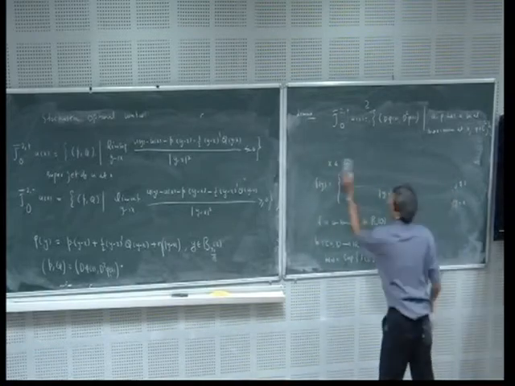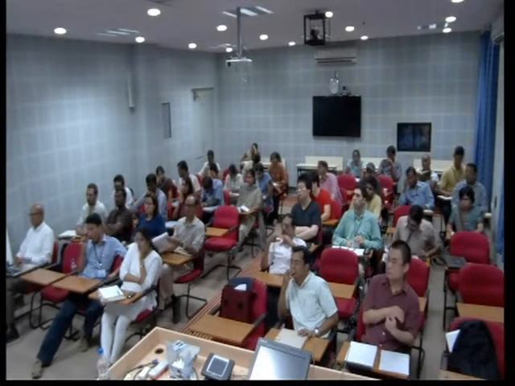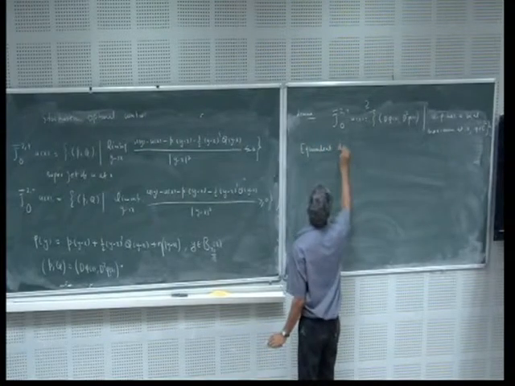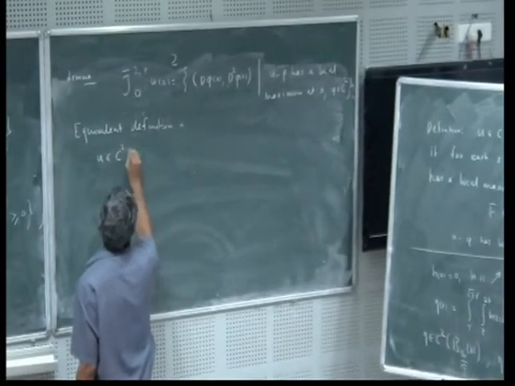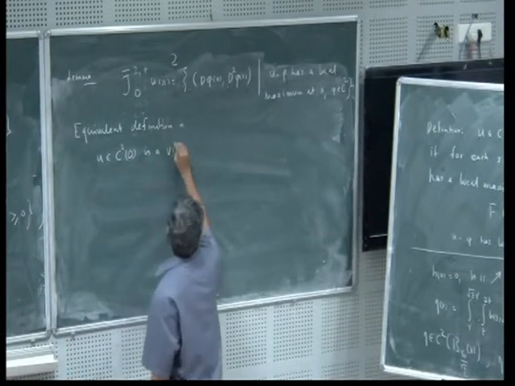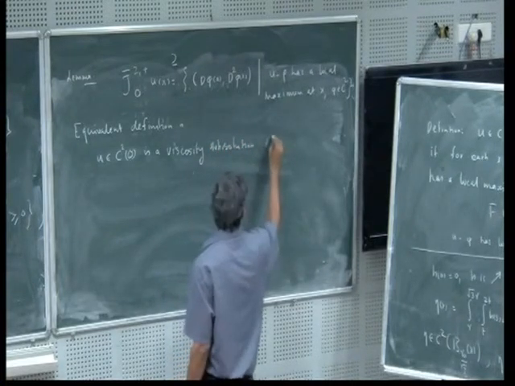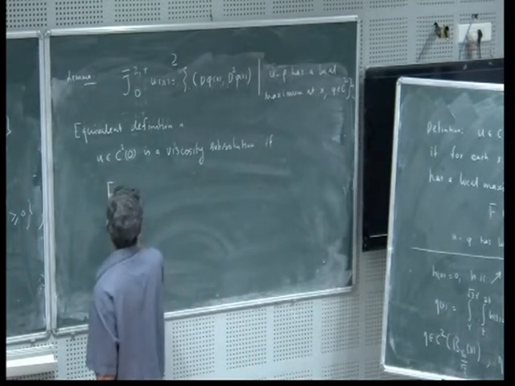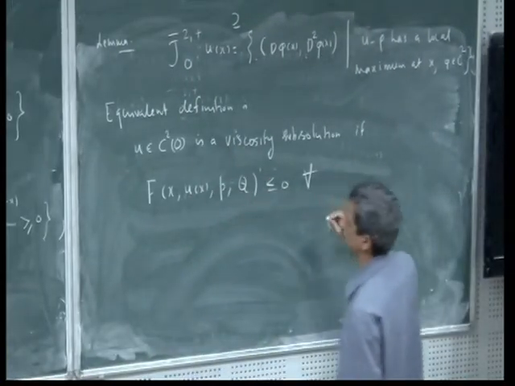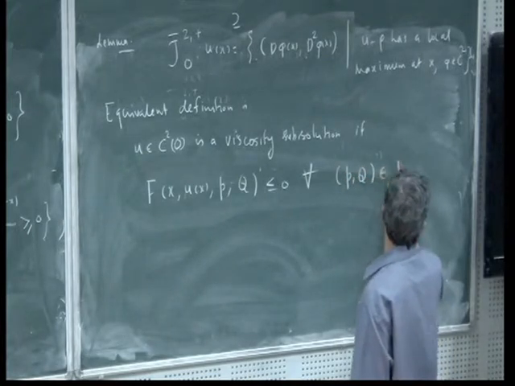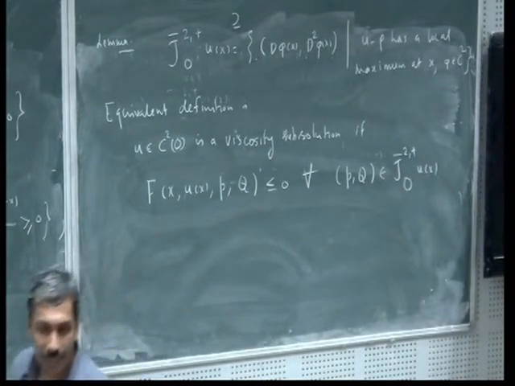So now you have the definition. So now the equivalent definition is going to be: U is the viscosity subsolution if f of x, u, and similarly we will need ux, not ux.